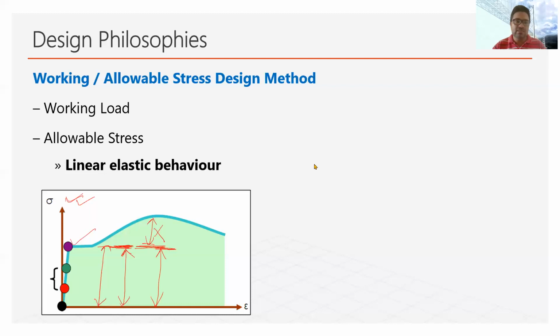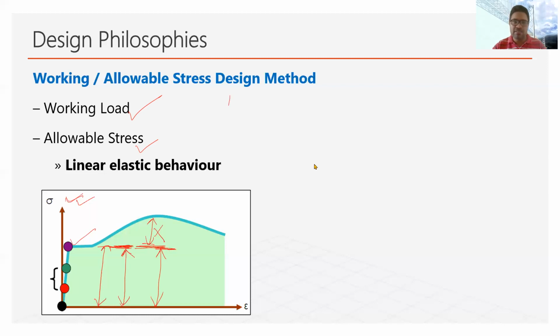Now there are some concepts that we use in the working stress method. One is called working load, and the other is allowable stress. Both of these are related, but here we need to understand what working load is. Now I will explain it with a very simple example. I will take the example of a human, a man.